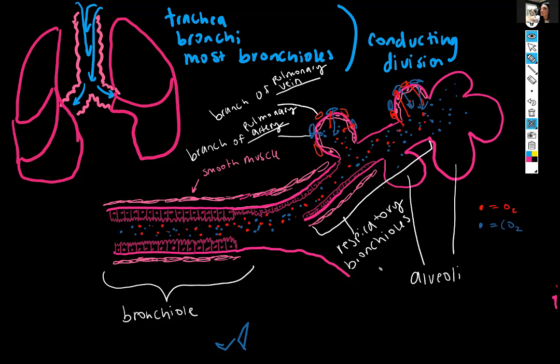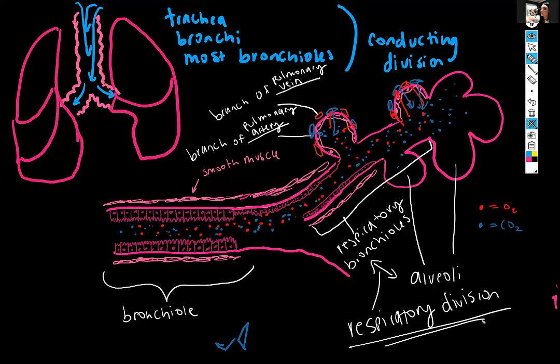So these two guys right here make up the respiratory division, because respiratory division is any place where exchange of oxygen and carbon dioxide can take place. So you'll notice in the bronchiole over here, there is no arrow stuff happening because that's not true.